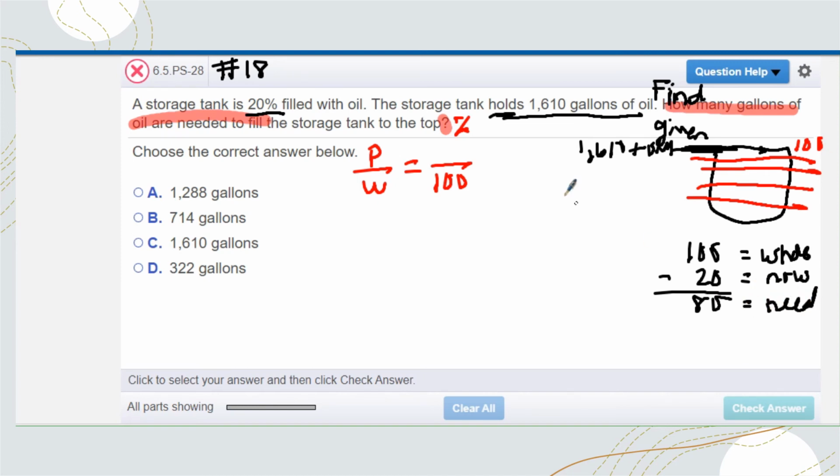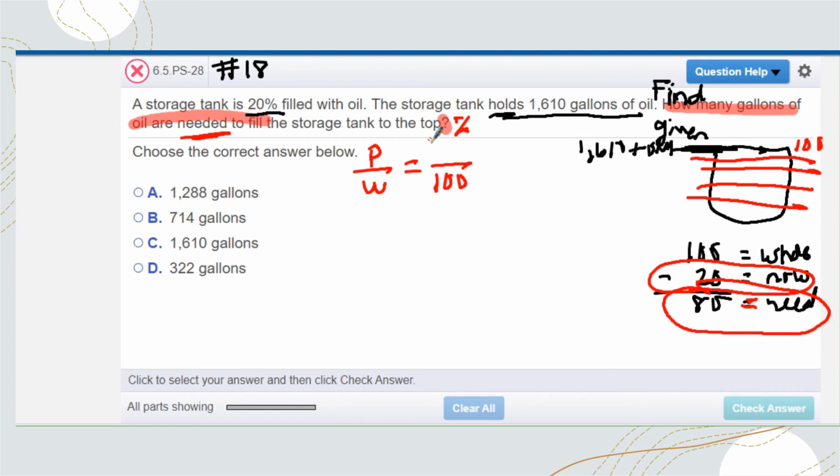You need 80%. So you can decide if you want to put 20% right here, or if you want to put 80%. If you put 20%, 20% is equivalent to what you have now, so it's not going to answer the question for what you need. If you put the 80% in, 80% is equivalent to what you need.